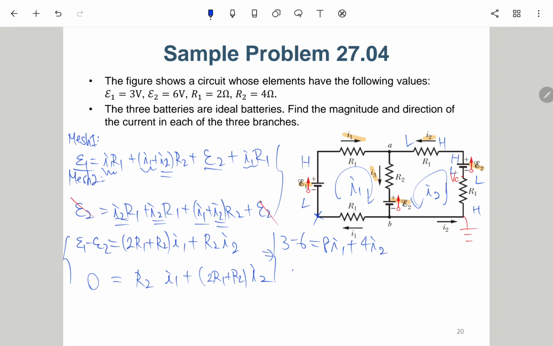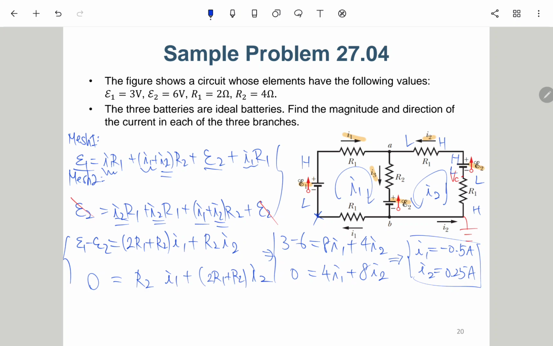And then we have 0 equals 4 I1 plus 8 I2. So this is two equations with two unknowns. We can simply know that I1 equals negative 0.58, and then I2 equals 0.25A.